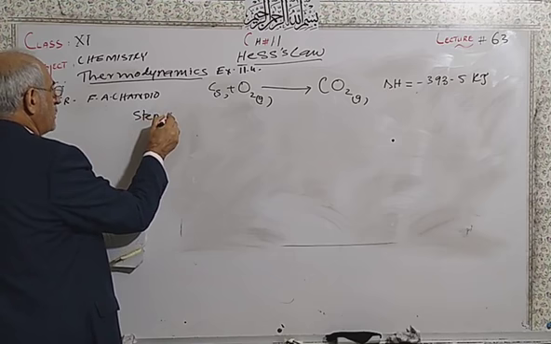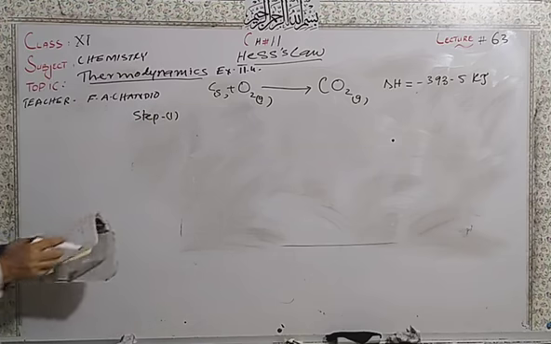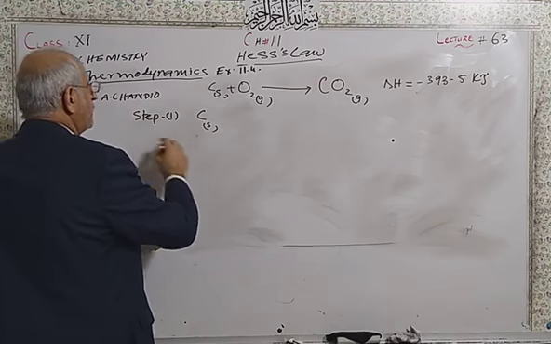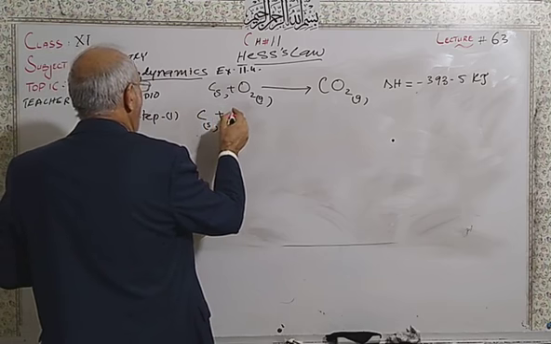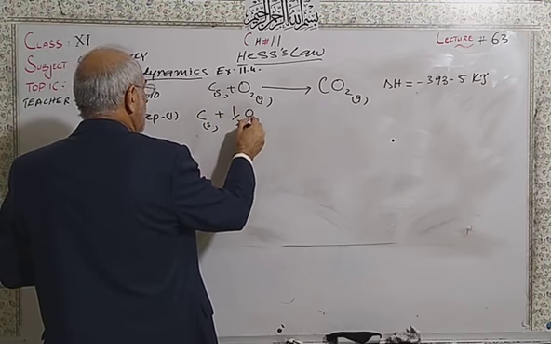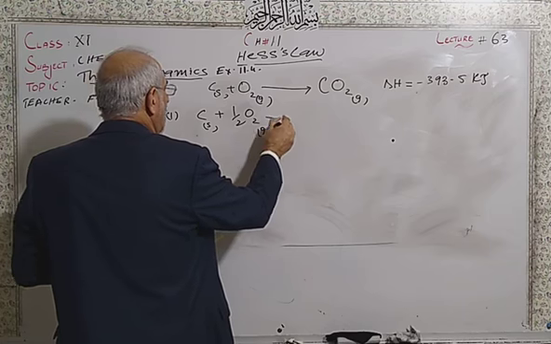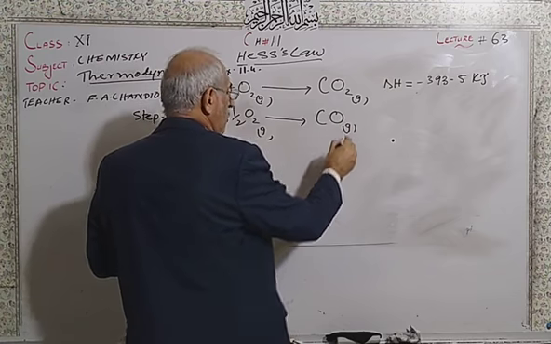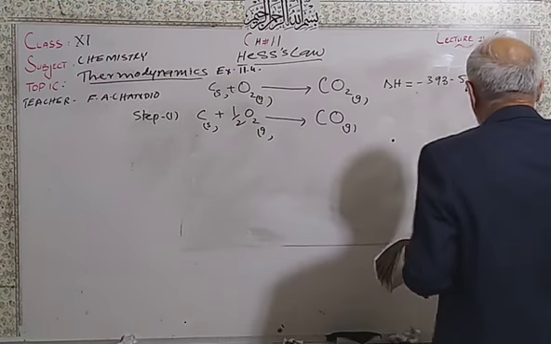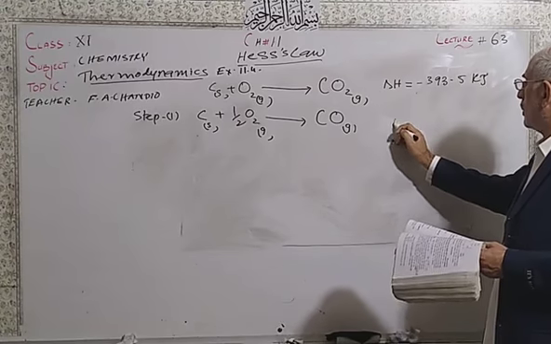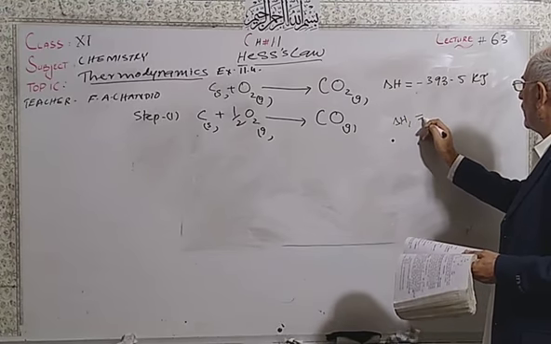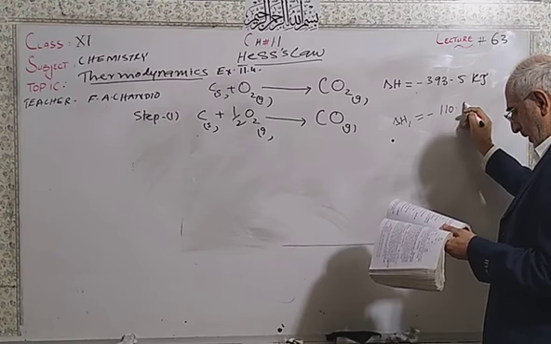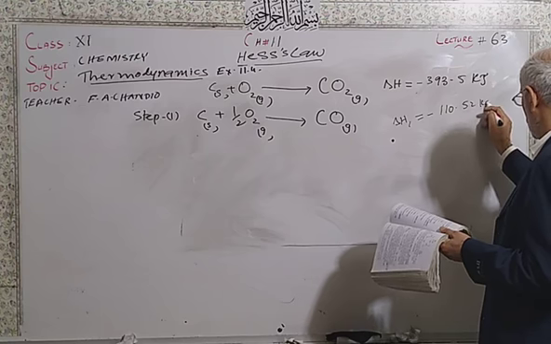Step number 1. In step number 1, carbon solid plus half oxygen gas, limited oxygen gas, forms carbon monoxide, because these values are for 1 mole. So this is the delta H1, minus 110.52 kilojoules.